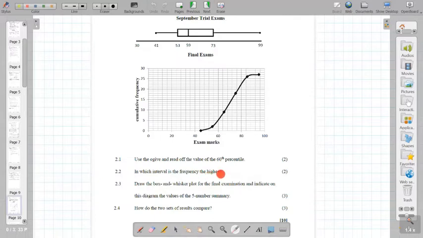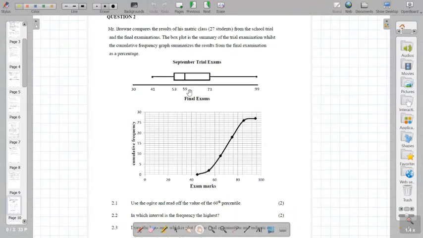Okay, so whenever the graph shows the highest increase, as you notice, that will be the highest frequency, which will be the modal class, by the way. And then drawing the box and whisker that we have there, that's fine, as you see. And how the two sets of results compare. So, oh yeah, we have the September test as a box and whisker, and then we have exam marks as an ogive.